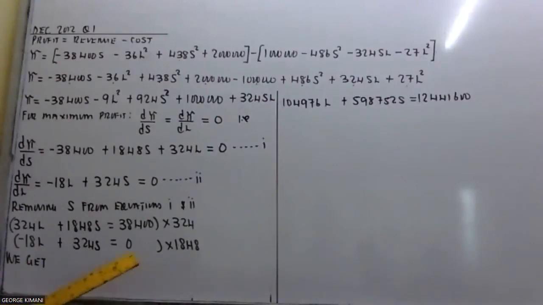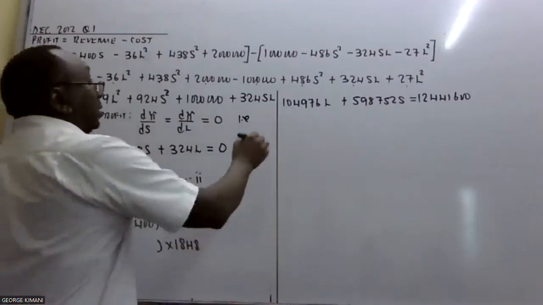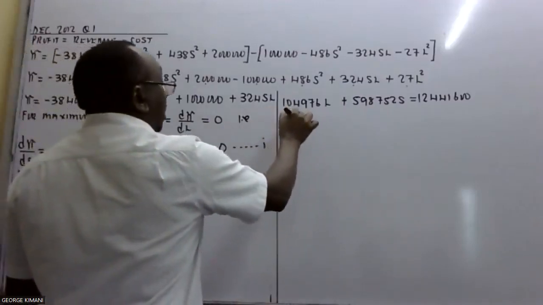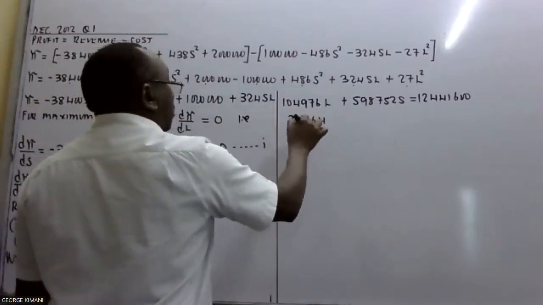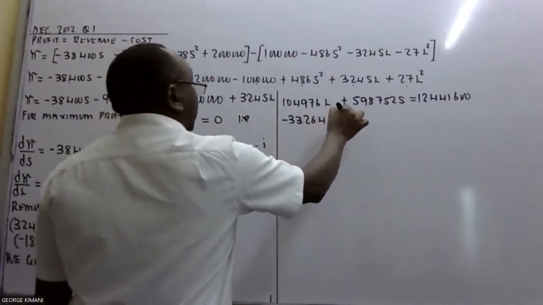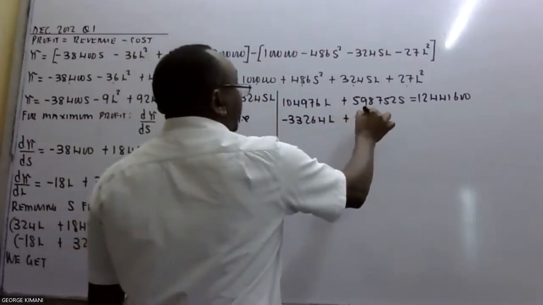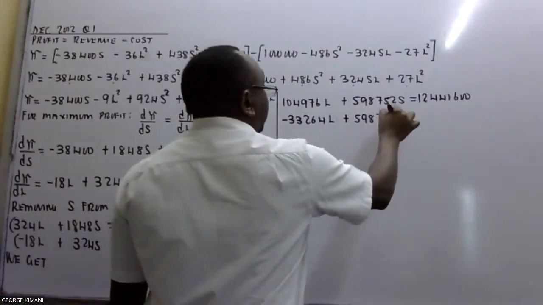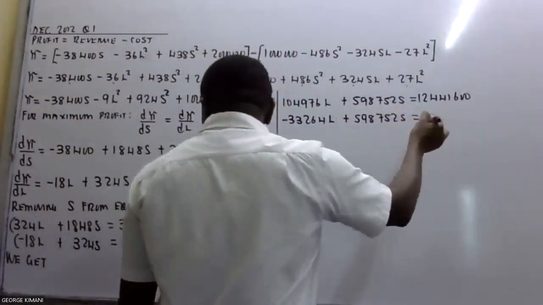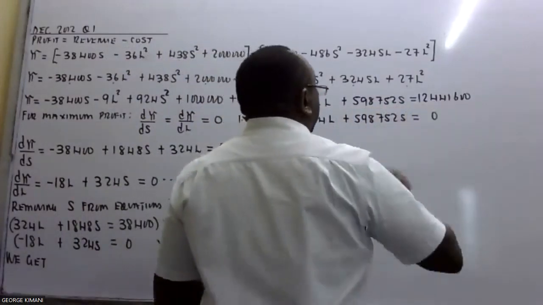Now give me 1848 times minus 18. That is 33,264, which is negative L. This other one, when you multiply, it will be 598,752 S. And this one becomes 0.